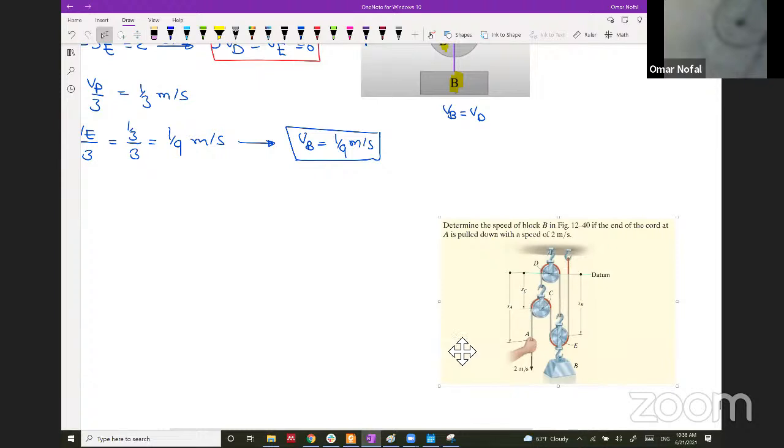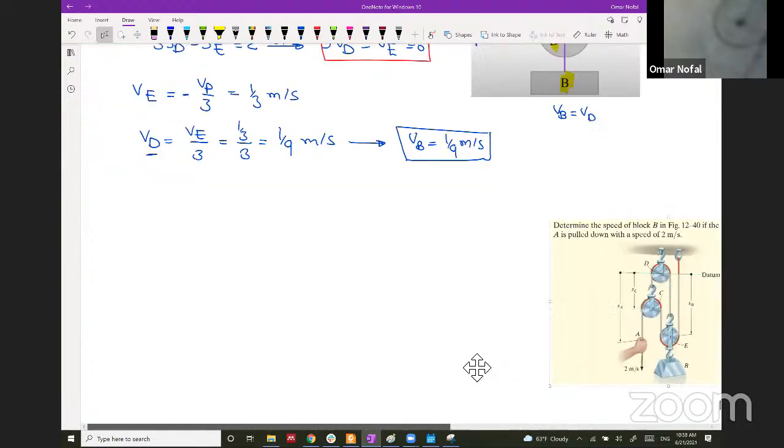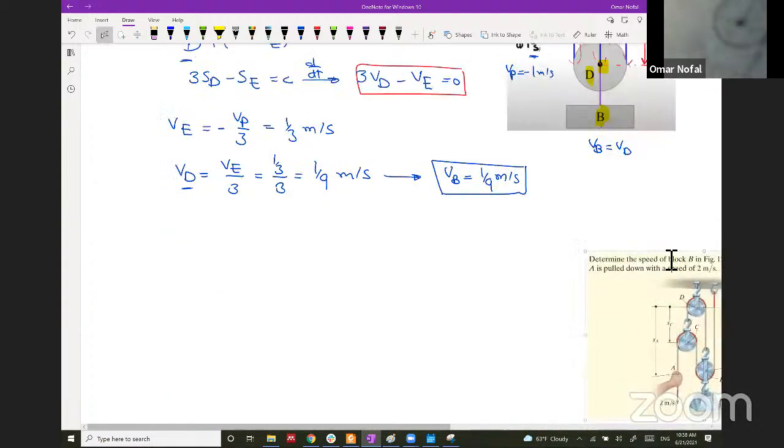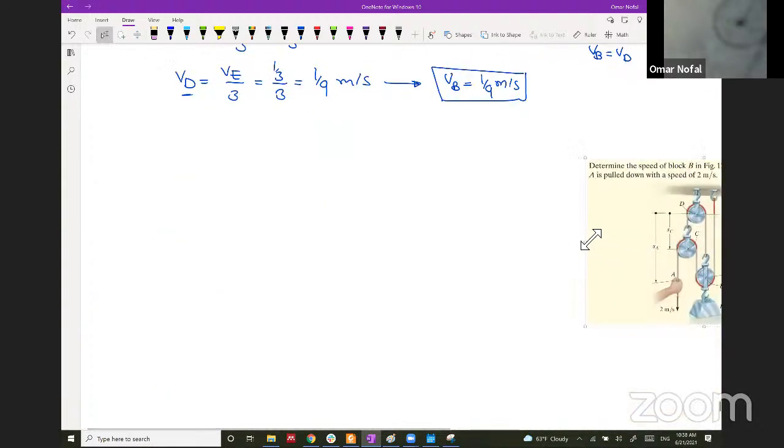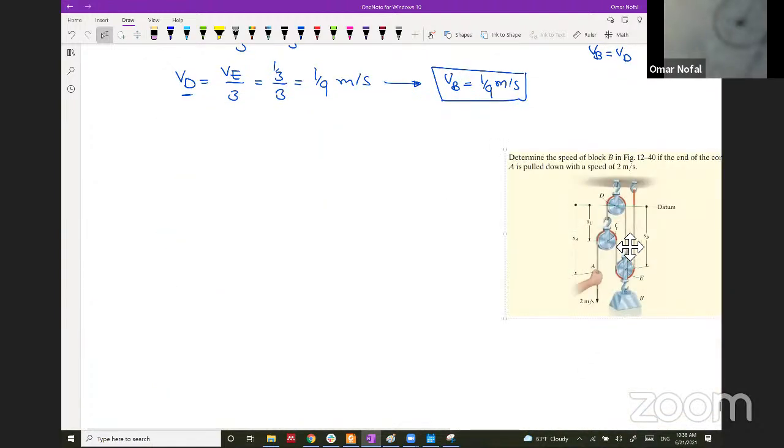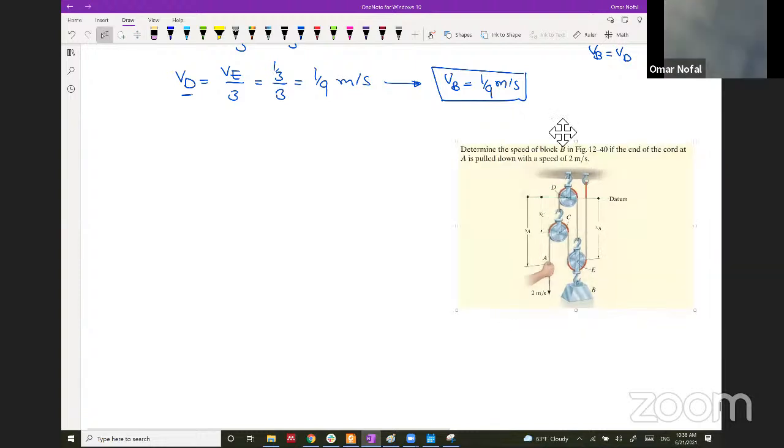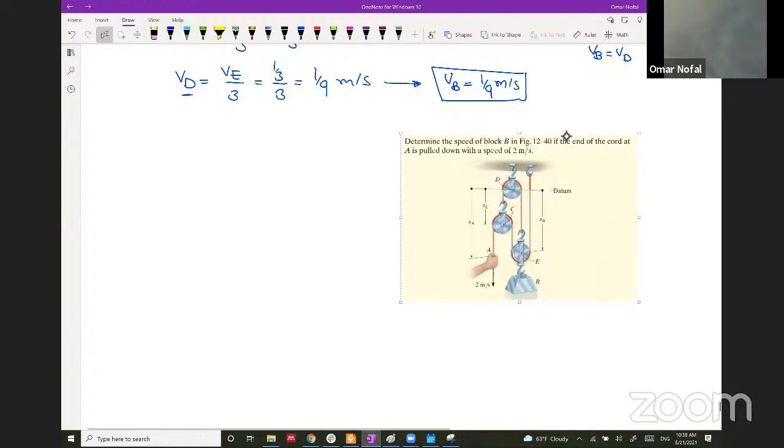Here it is. So here it says determine the speed of block B if the end of the cord at A is pulled down with a speed of 2 meters per second.